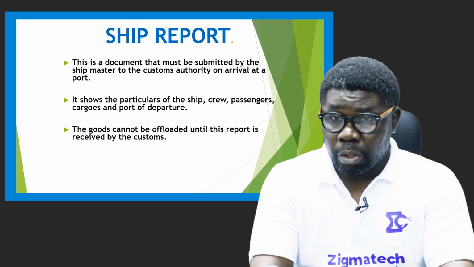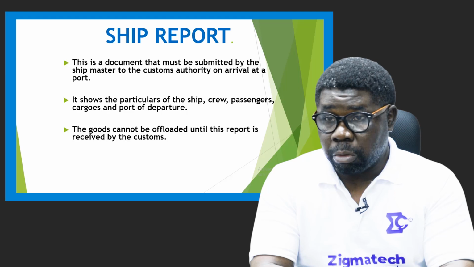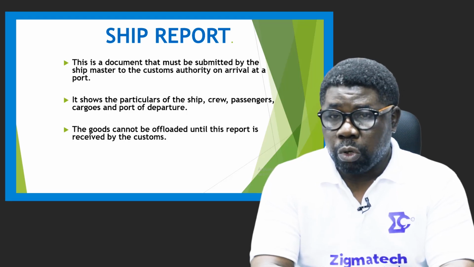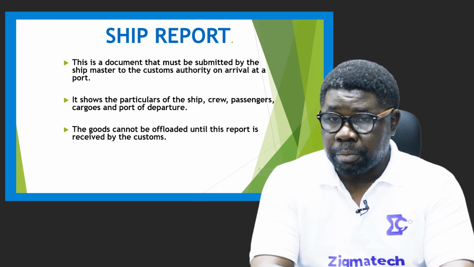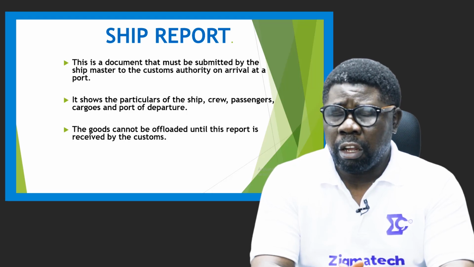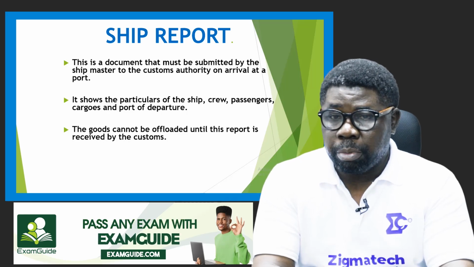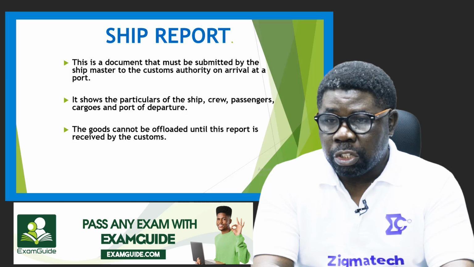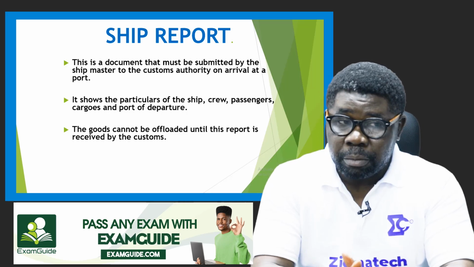The ship report must be submitted to the customs authority on arrival, which shows the particulars of the ship, the crew, passengers, cargoes, and port of departure. It actually gives a very good glance of where the ship is coming from and what is contained in the ship. The goods cannot be offloaded until this report is received by the customs and verified.